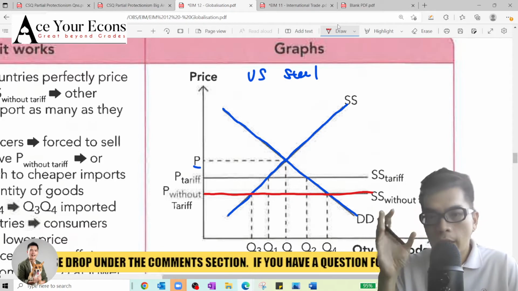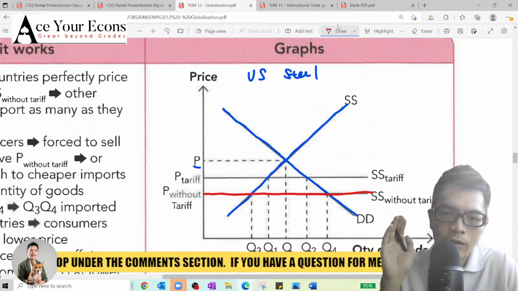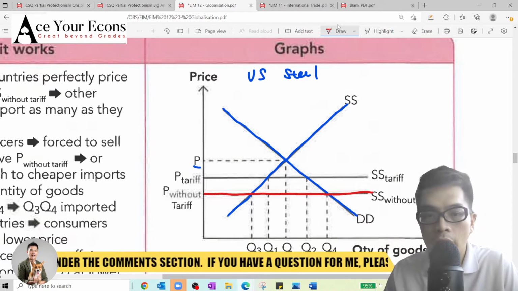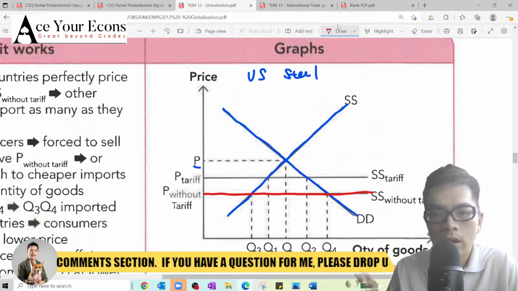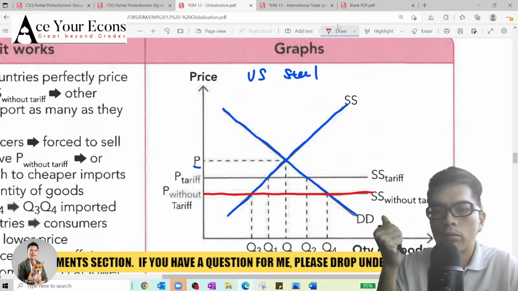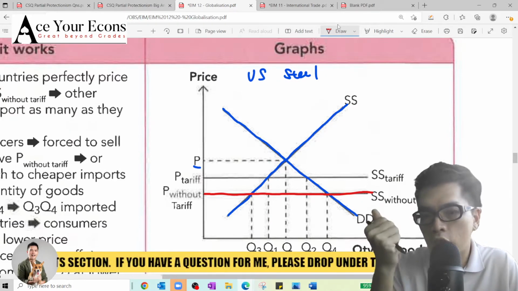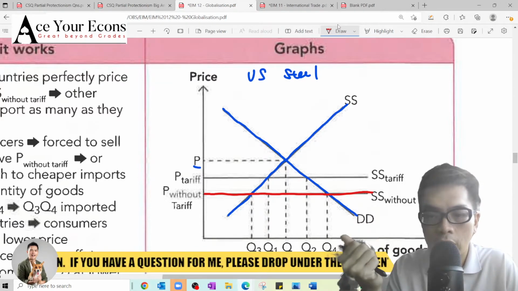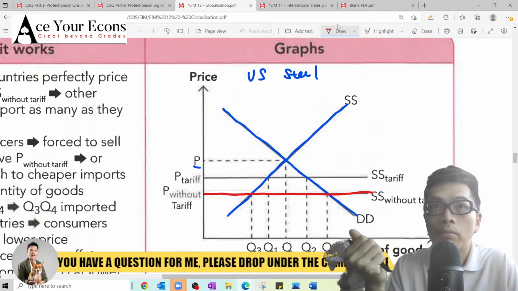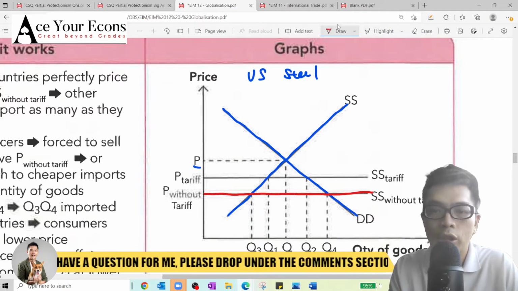Let me repeat. Why is the supply curve perfectly horizontal, and at a lower price than US steel? Number one, we have to assume that Chinese steel producers enjoy a lower opportunity cost in production. Is that agreed? This is a reasonable assumption.